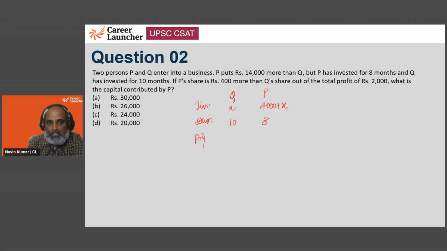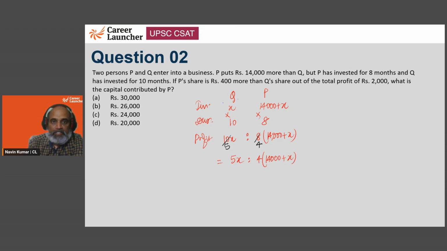So the profit sharing is going to be in the ratio of the product. So it's going to be 10x is to 8 times 14,000 plus X, which can be simplified because 10 and 8 both are divisible by 2. So this becomes 5x is to 4 times 14,000 plus X.